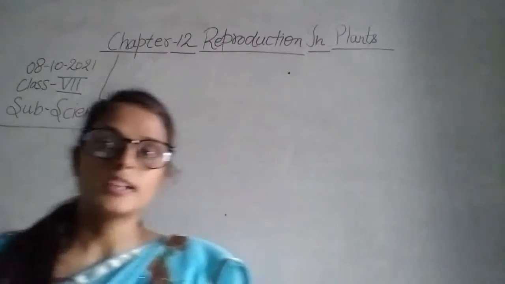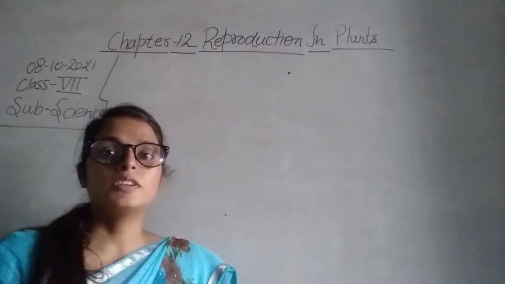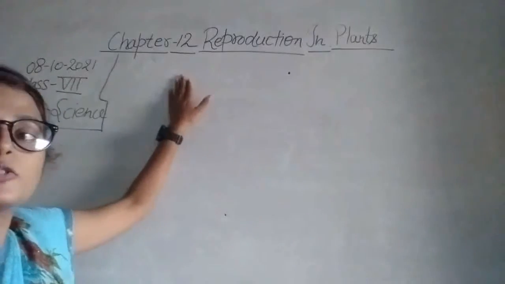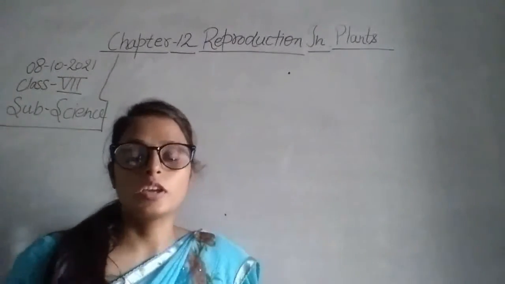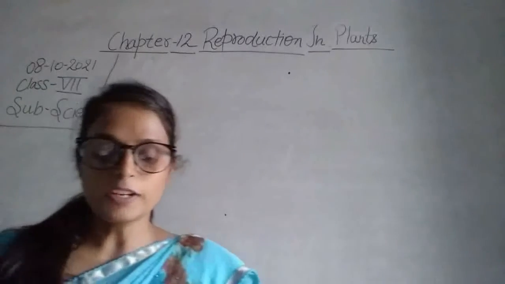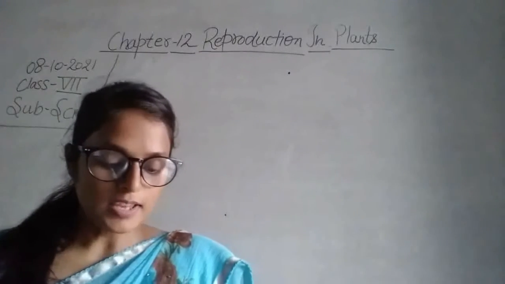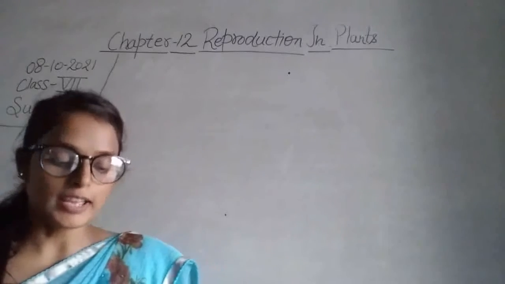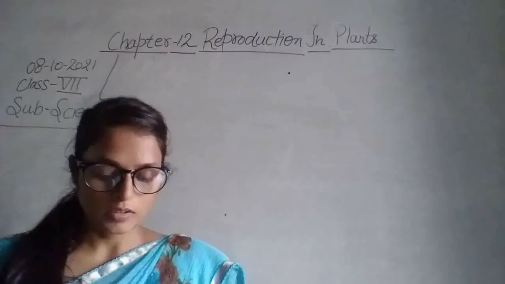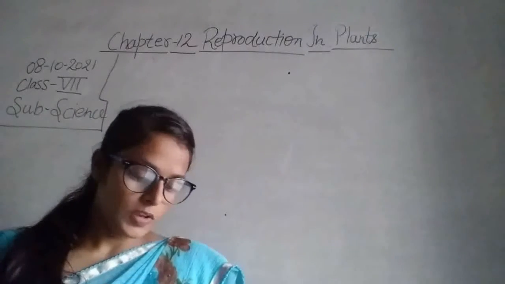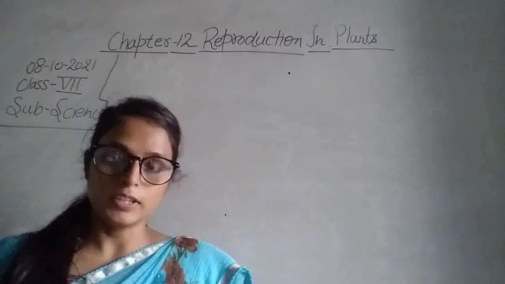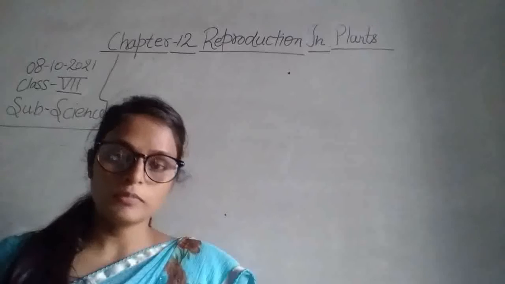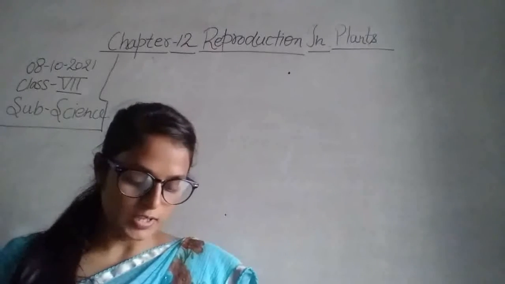This is your science class and we discuss chapter number 12, reproduction in plants. Previously we discussed the exercise questions given in your textbook. Now we have done all the questions, that is fill in the blanks, match the columns and also question answer.